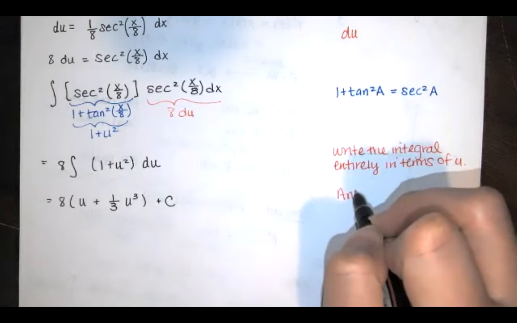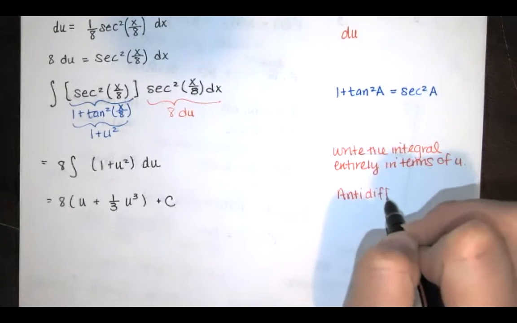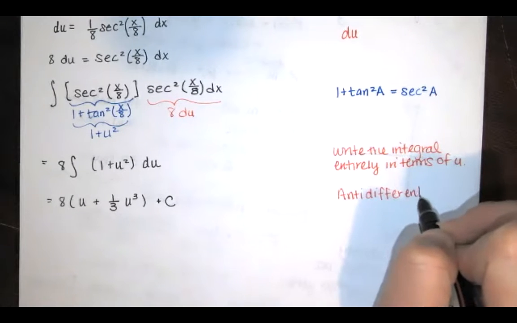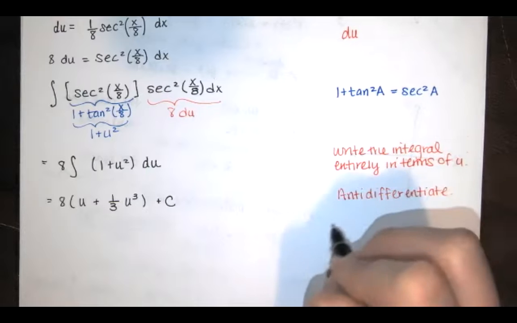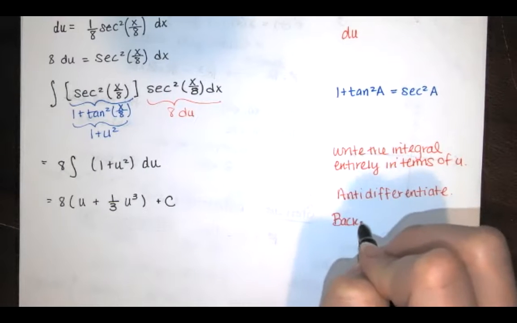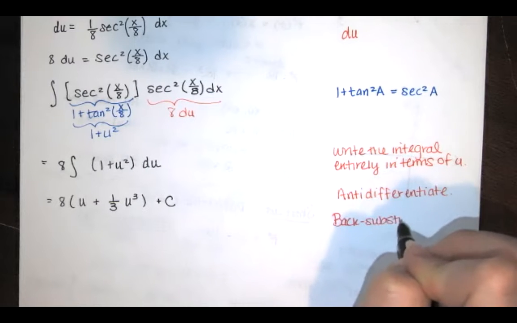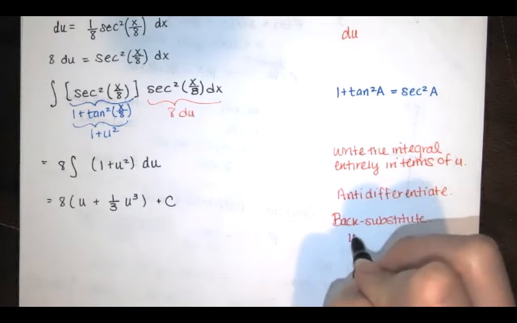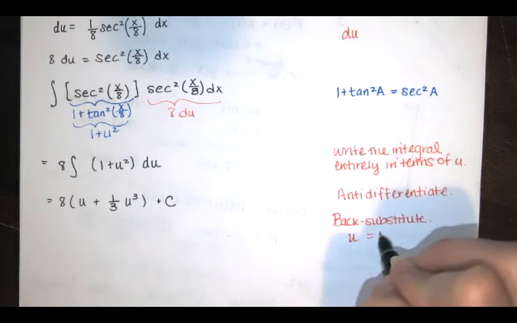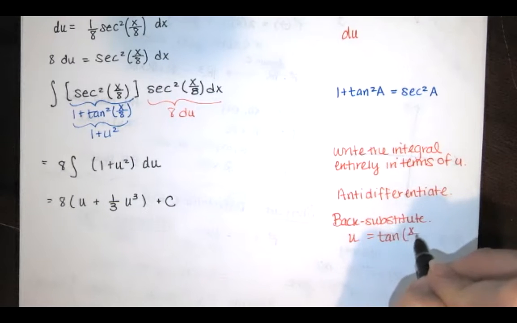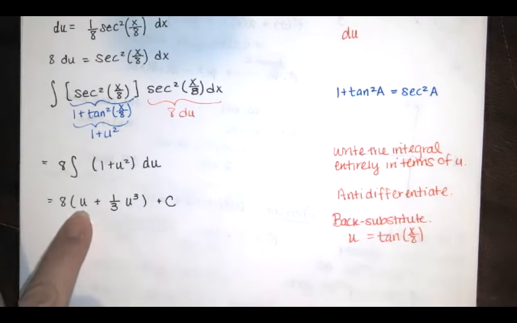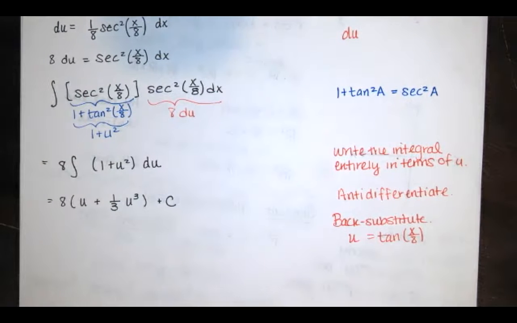And then of course, we don't want an answer in terms of u, we want an answer in terms of x, so we need to back substitute. Remember what u is. u is equal to tangent of x over 8. So this needs to be replaced by tangent of x over 8, and so does that.